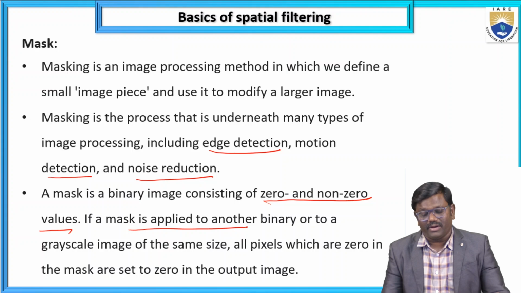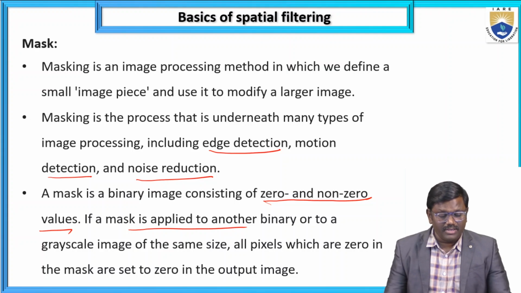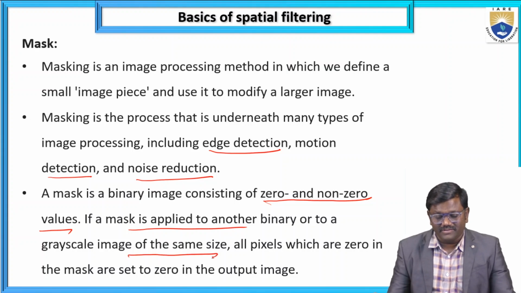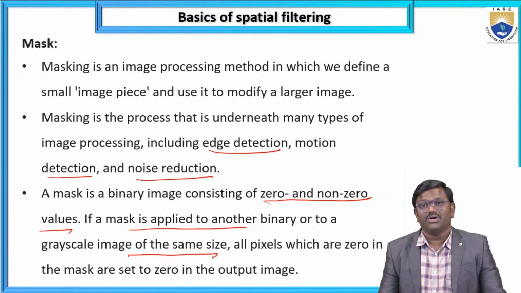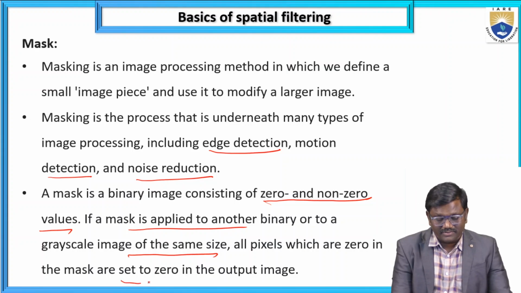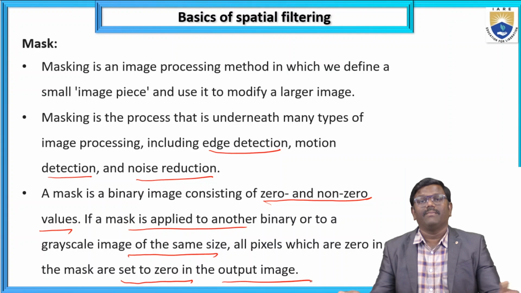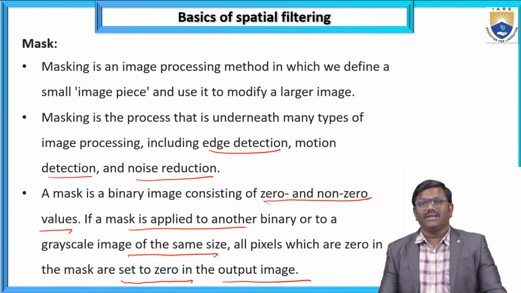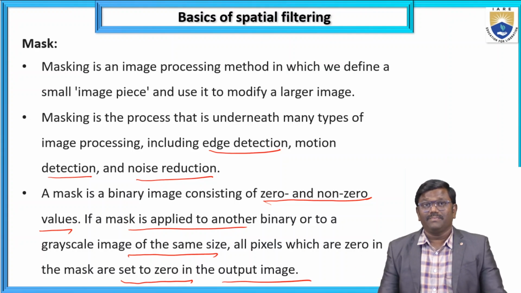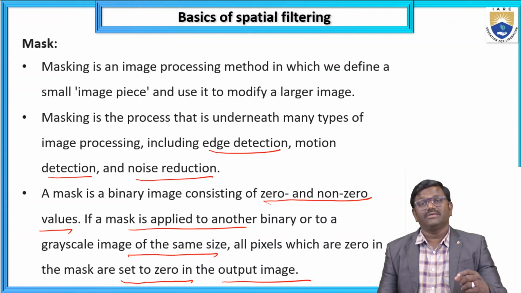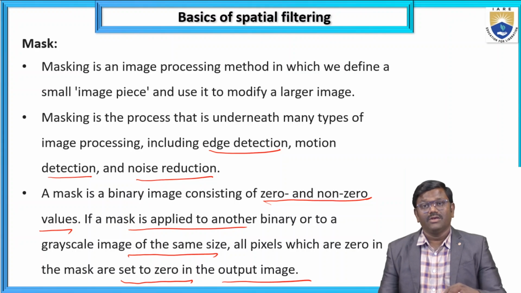A mask is applied to another binary or grayscale image of the same size. All pixels which are 0 in the mask are set to 0, so the output will also be 0. So because of the mask, your image may be enlarged or modified as a larger or smaller image, or the values which we represent for an image of the same size will be modified. That is called a mask.